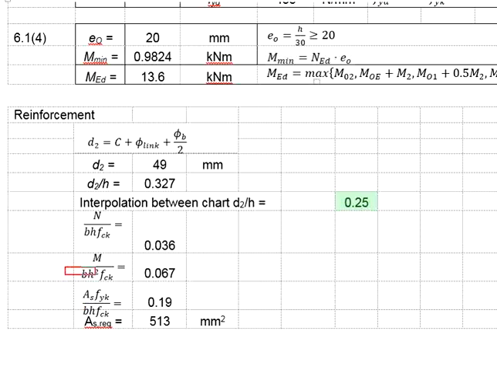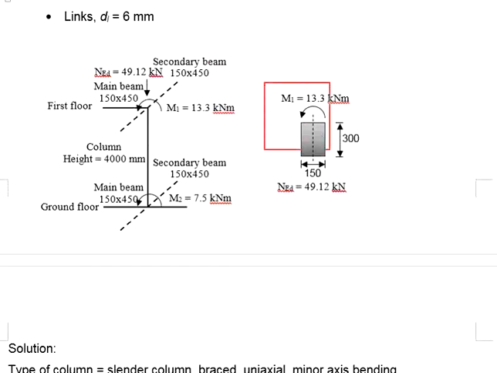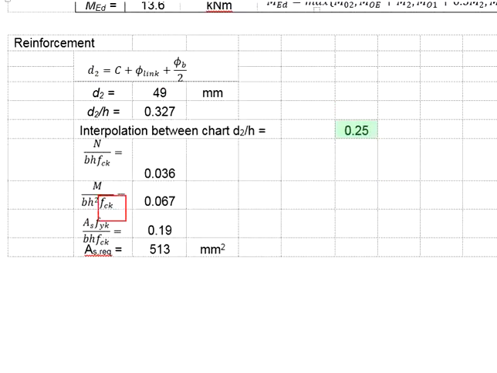You will need to be careful with this BH square. The bending is in the minor axis. That means this will be the B and this will be the H. Therefore, B times H square, and FCK is 30 Newton per mm square.